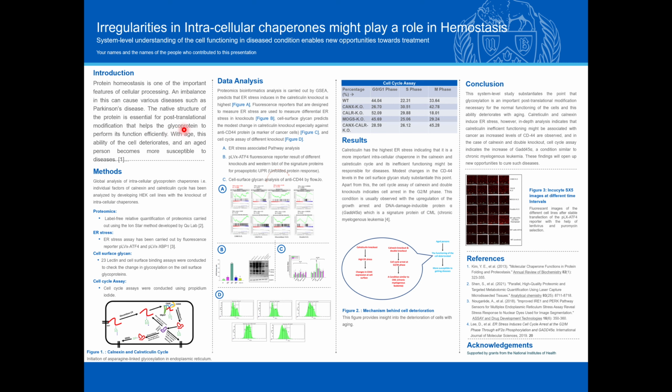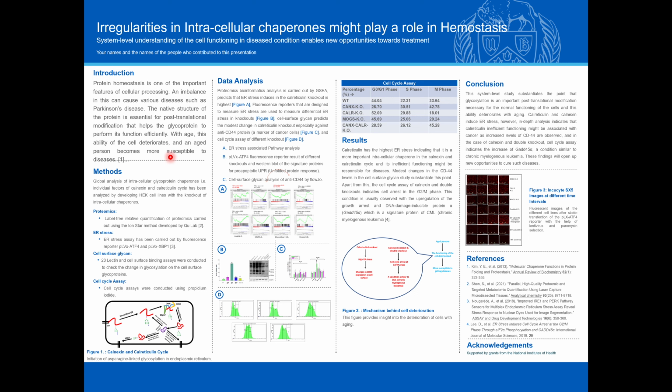So this is the motivation that glycosylation might play an important role. Or, in a broader view, post-translation modification plays an important role for normal functioning of the cell, and any abnormalities in this post-translation modification will lead to diseases, and one of such diseases is hemostasis.